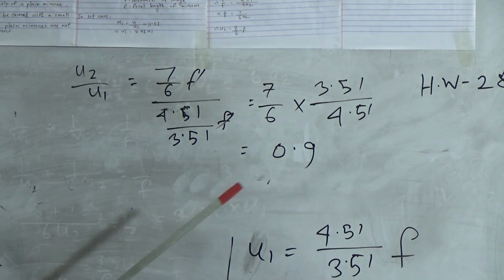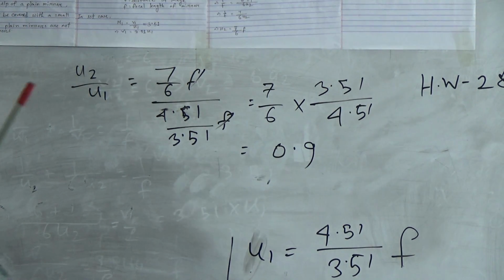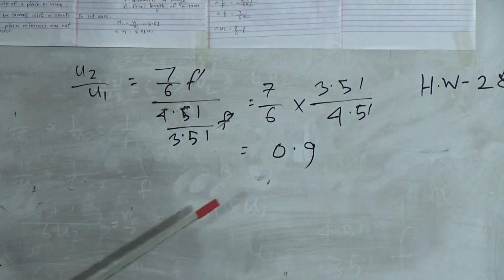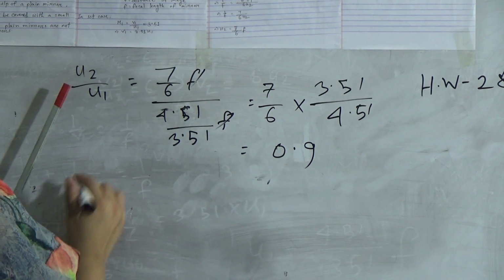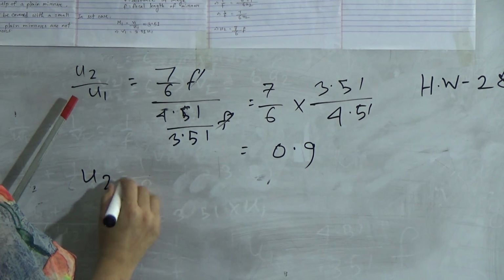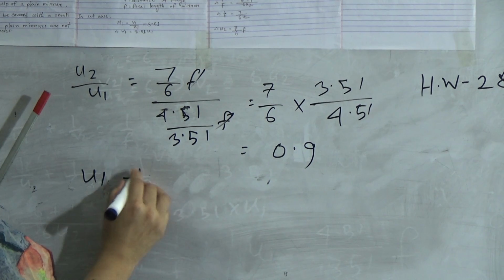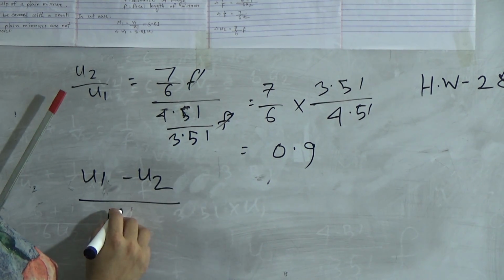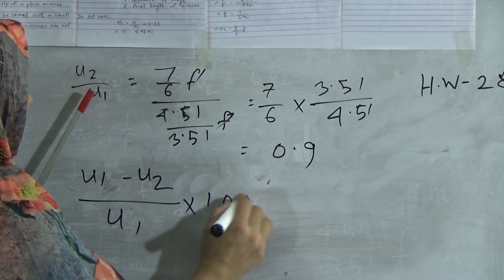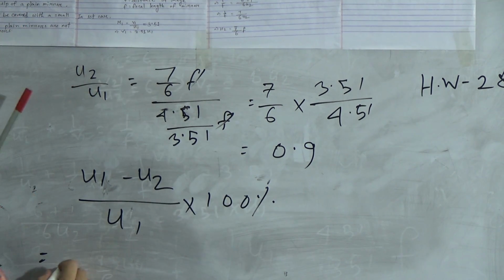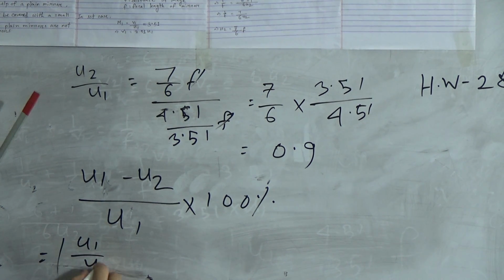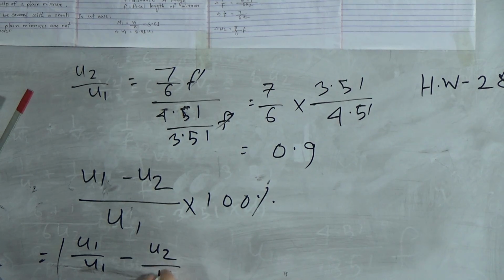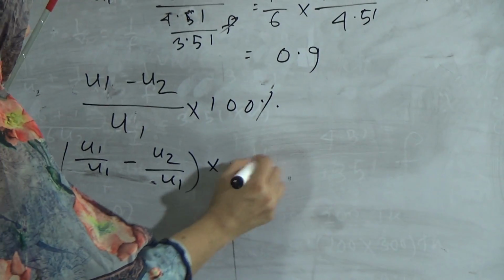Okay, now we have to find what the change is, that means the change in the object distance. So (u1 minus u2) divided by u1 into 100%. Now see here: u1 divided by u1 minus u2 divided by u1 into 100%.